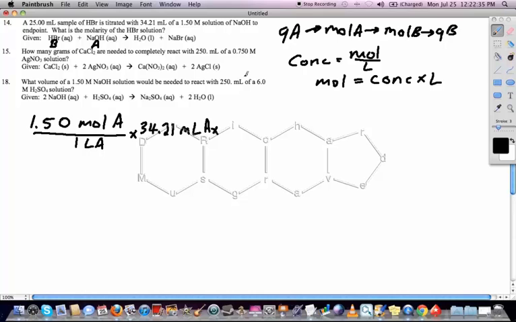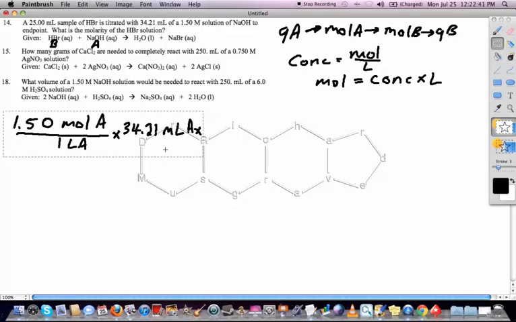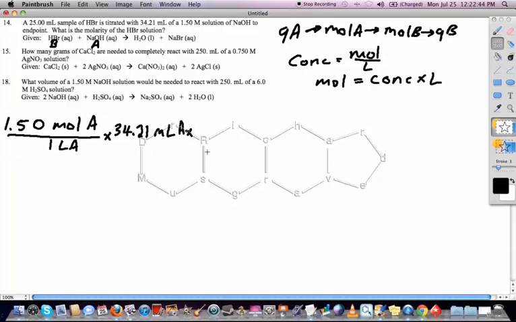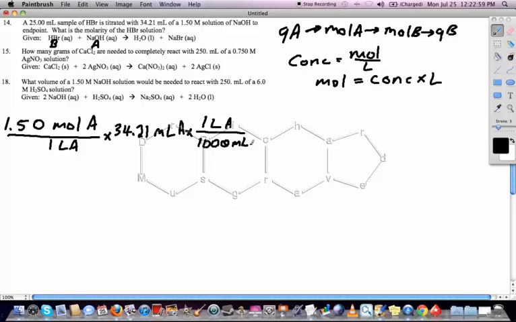I'll just make myself a little bit more room here. Alright, now I'm going to convert that into litres, and all of this was with the aim of getting to moles of A. See, this will cancel, this will cancel, this will cancel, and this will cancel.